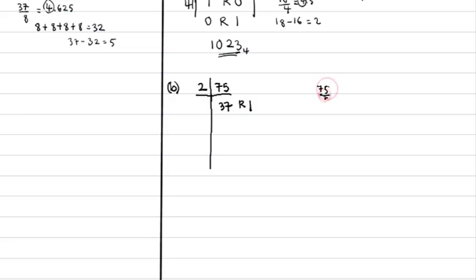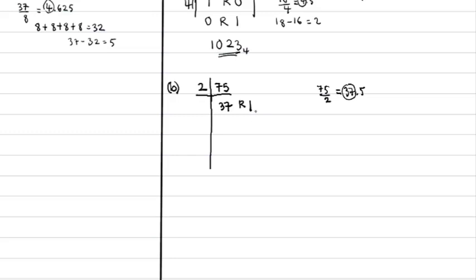75 divided by 2, normally will give us, if you use your calculator now, 37.5. So this 37, that's what we wrote here. We can see 2 occurs 37 times to give us 74. Okay, so this 37, that's what we wrote here.